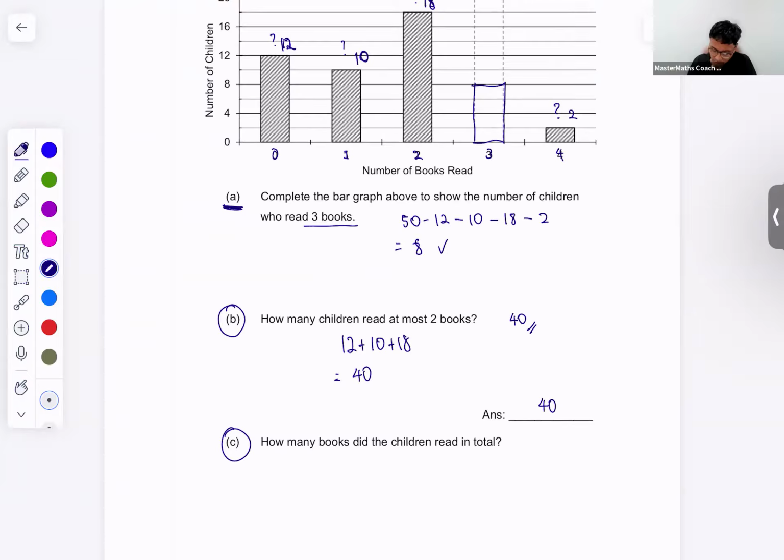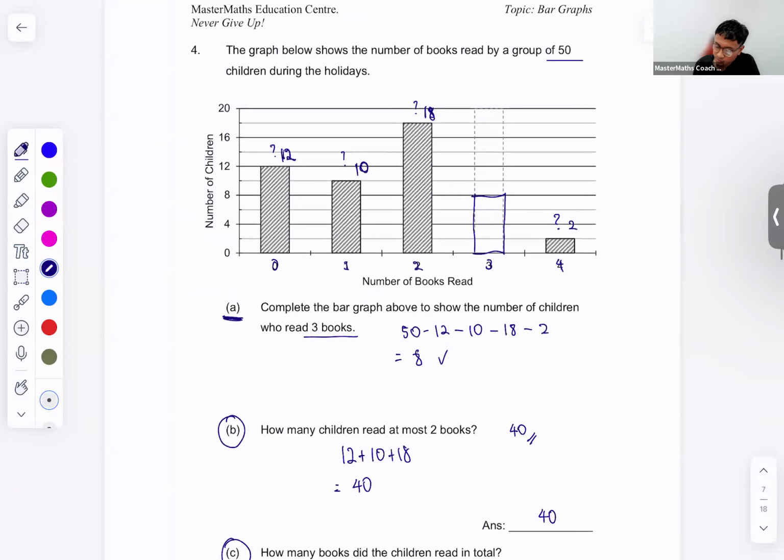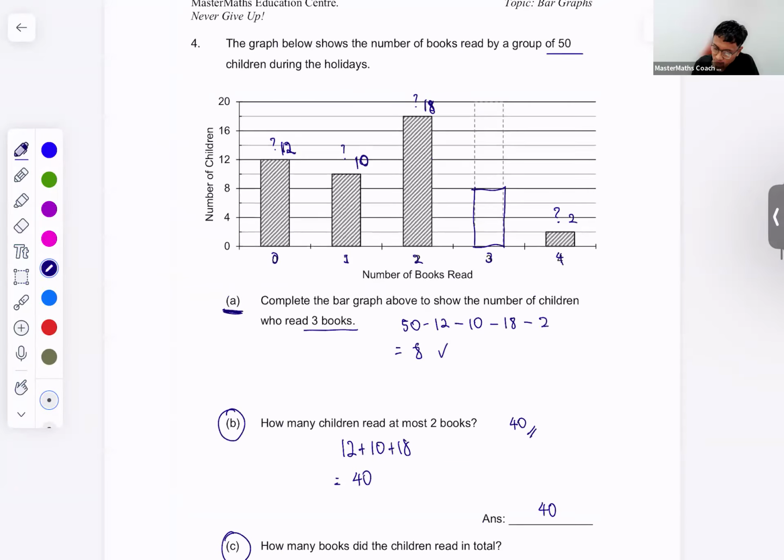Then the question asks, how many books did the children read in total? That means all together. We need to plus the 12, 10, 18, and the 2.